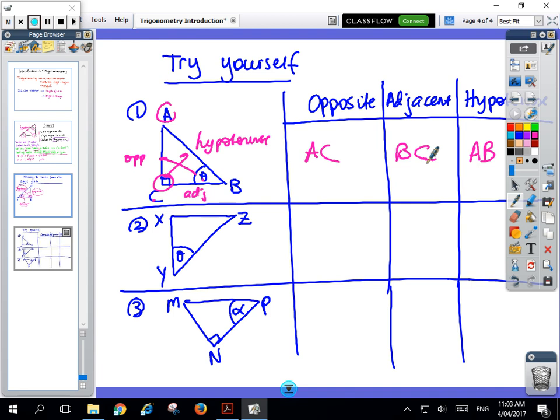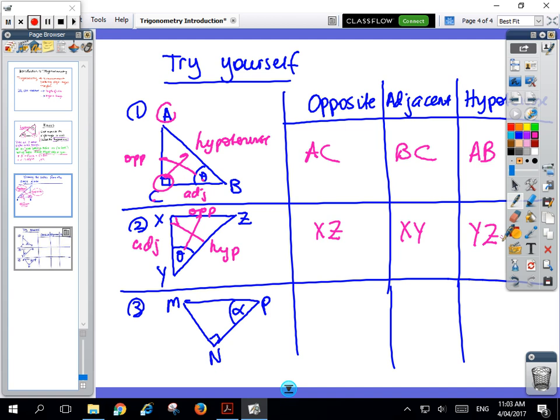Okay, so let's have a look. I forgot to put the right angle in, sorry about that. So hopefully you saw that. So the hypotenuse is there, that's the opposite, and the last side is the adjacent. So we've got opposite is XZ, adjacent is XY, hypotenuse is YZ.